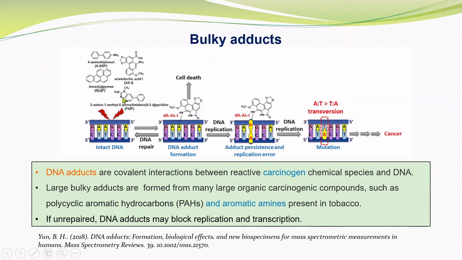Like I just told you, these bulky adducts are a major cause of carcinogenesis because when a chemical binds to the DNA, the DNA becomes damaged and proper and complete replication cannot occur, and the cell cycle becomes unregulated.